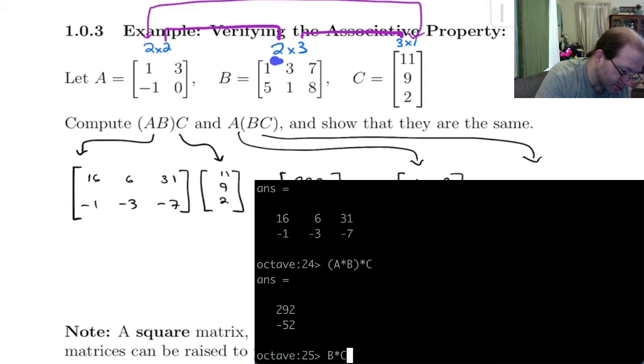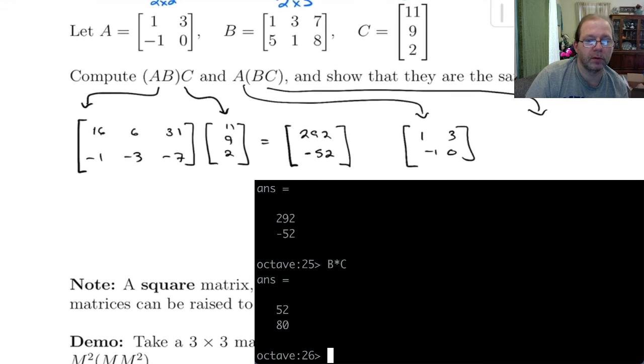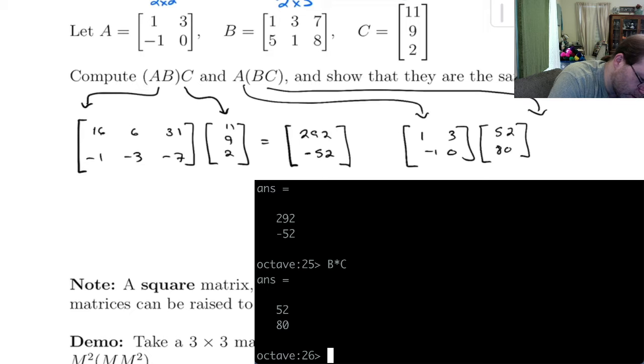B times C is supposed to be a 2 by 1. The bottom one there is definitely going to be negative 52.